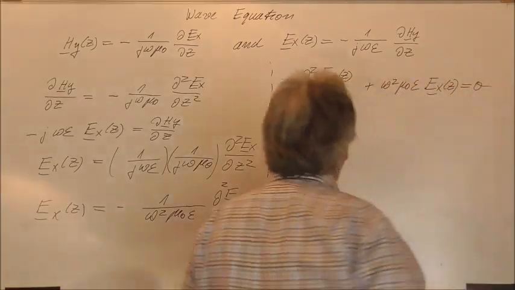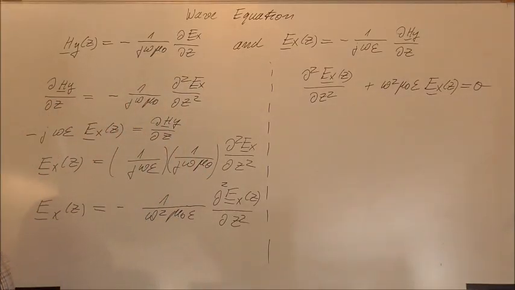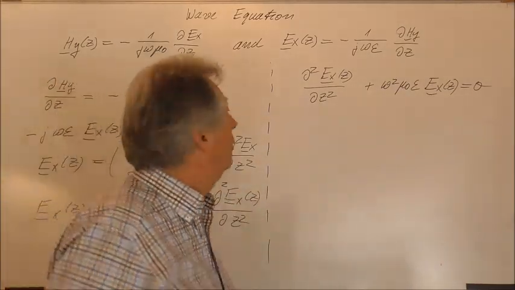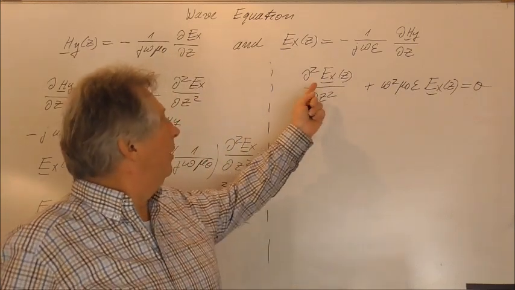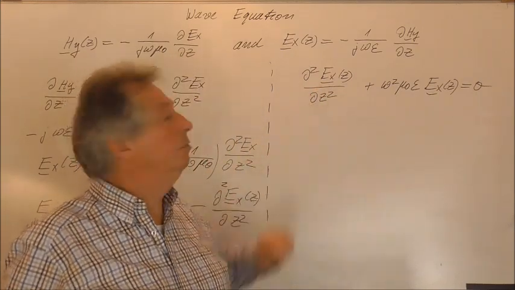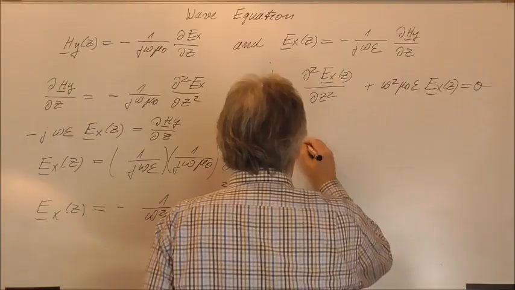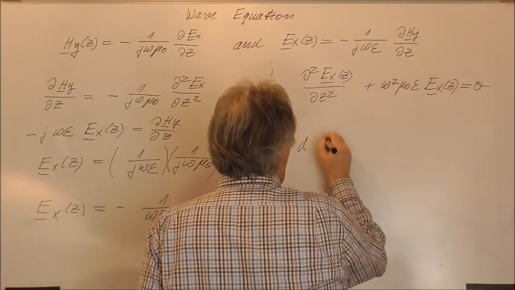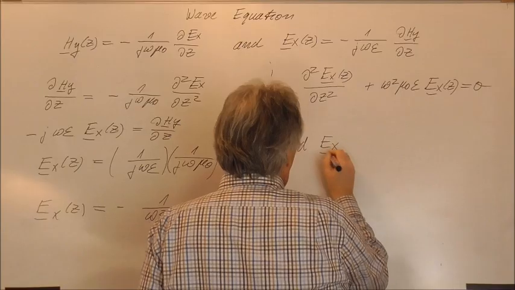This must be 0. So we only have functions here of the z coordinate, so we can switch from partial differentiation to ordinary differentiation. This results in a different notation.